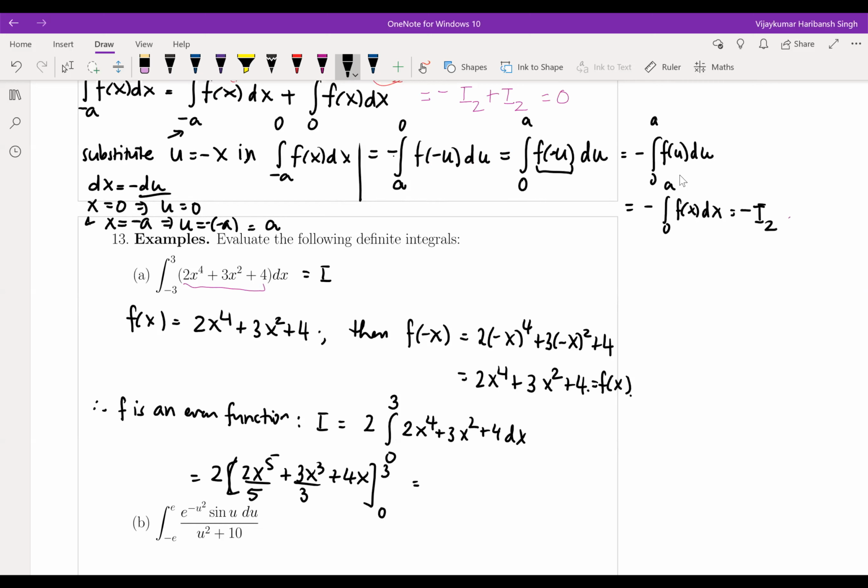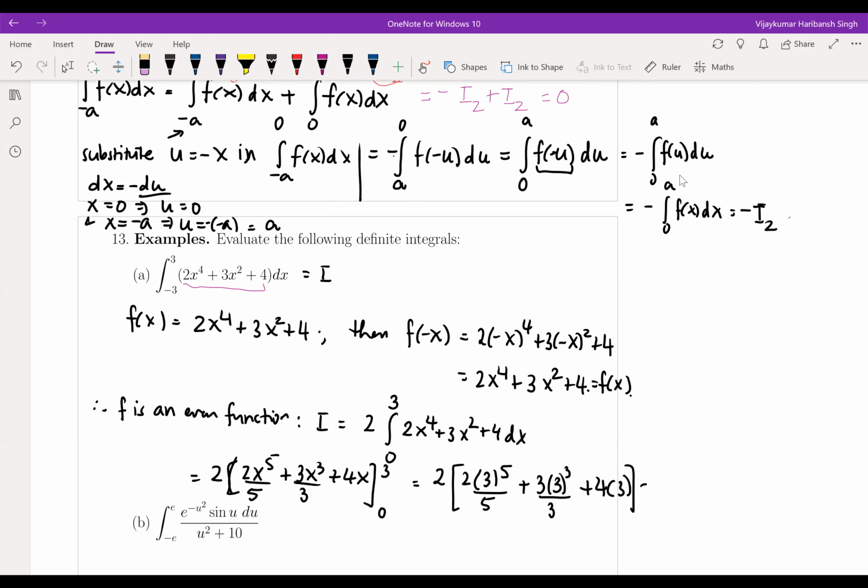So you put the upper limit, so 2 times 3 to the 5 by 5 plus 3 cubed by 3 plus 4 times 3, minus, now when you put the lower limit you get 0, so the whole thing is 0, right?